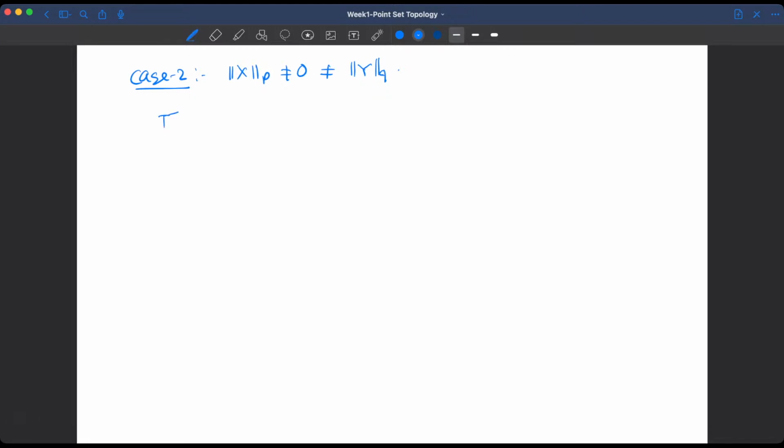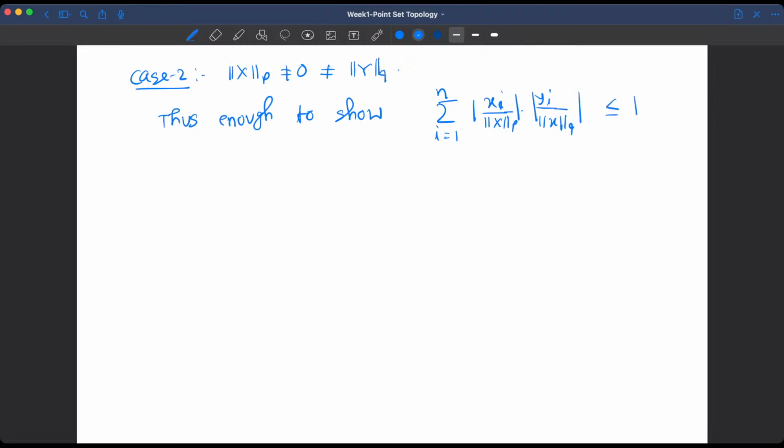Thus it is enough to show that the sum from 1 to n of |xi| by norm xp, times |yi| by norm yq, is less than or equal to 1, right?